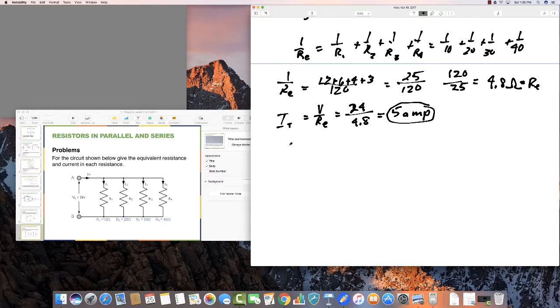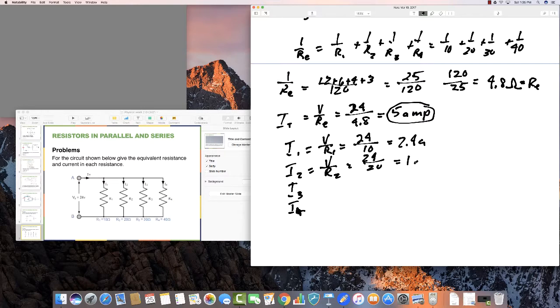But what we did want to know is what is I1, I2, I3, and I4 at each of these resistors. Well, I1 is going to be V over R1, which is going to be 24 divided by 10, or 2.4 amps. I2 is V over R2, which is 24 divided by 20, or 1.2 amps.